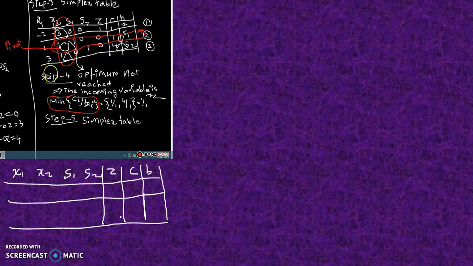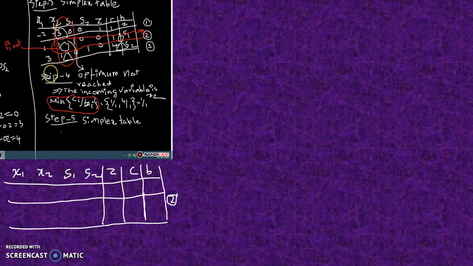Now, as already we have done, let me continue. Now write all the values. Equation number 2 we have to write as it is, because here the pivot element is there.